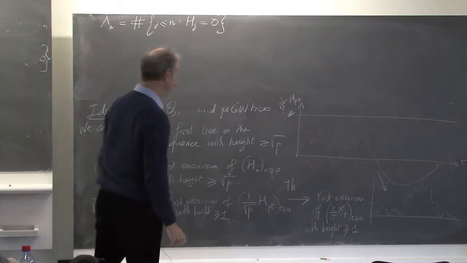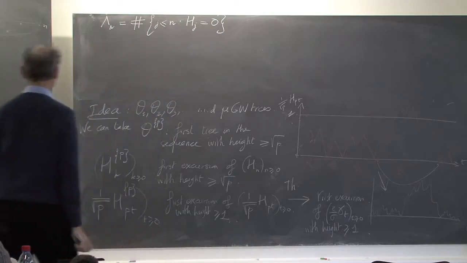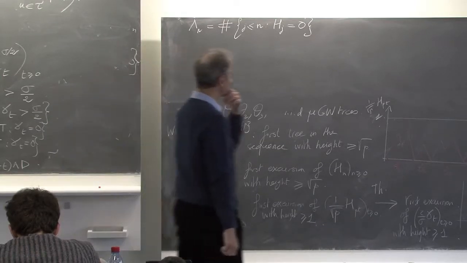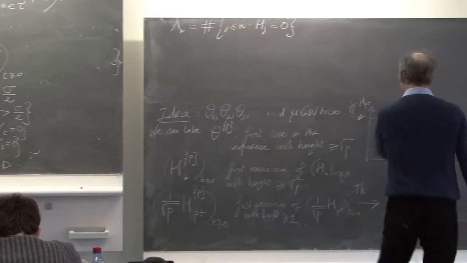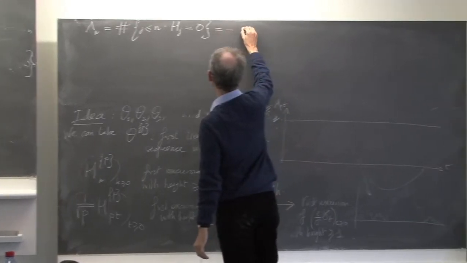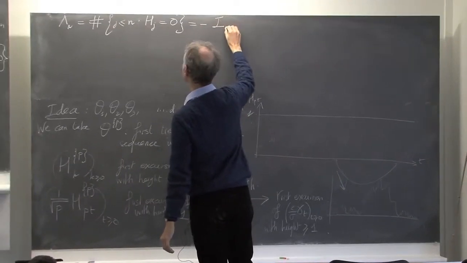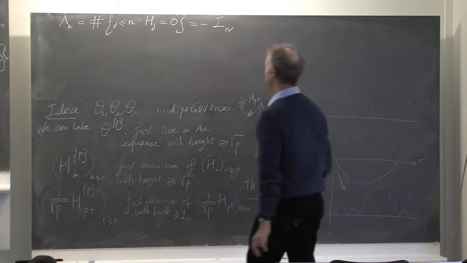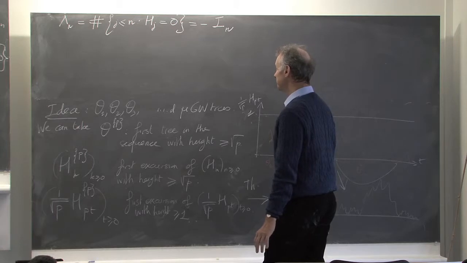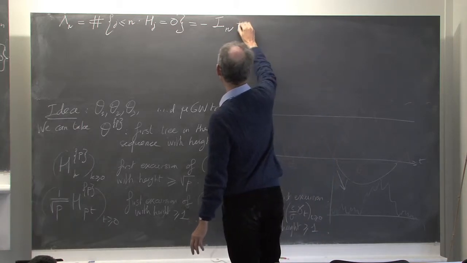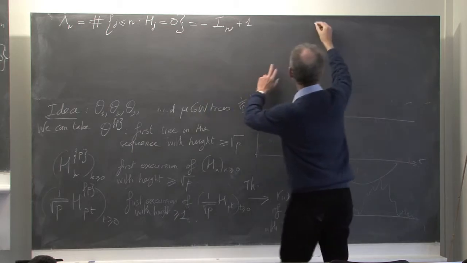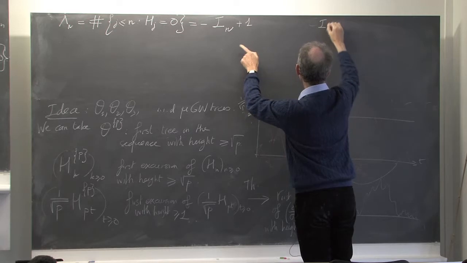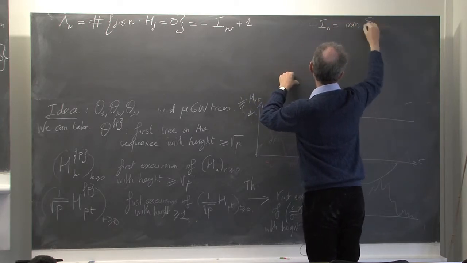And this is the same, in fact, as minus the minimum of i_n, and I think I forgot something there. I have a plus 1, okay. Okay, so remember that S_n, so what was i_n? i_n was the minimum of the random walk.